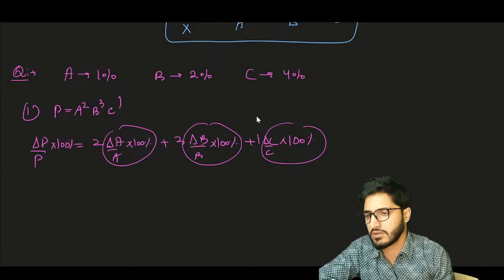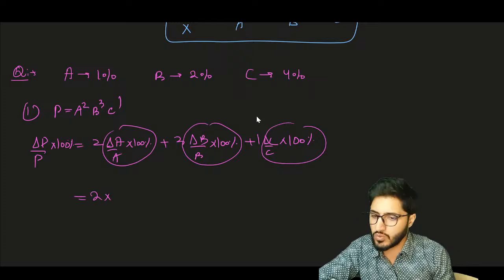It will be 2 into 1% plus 3 into 2% plus 1 into 4%.